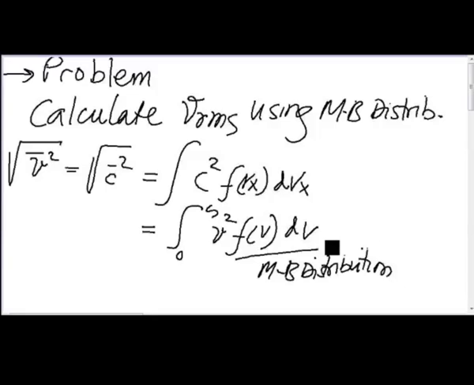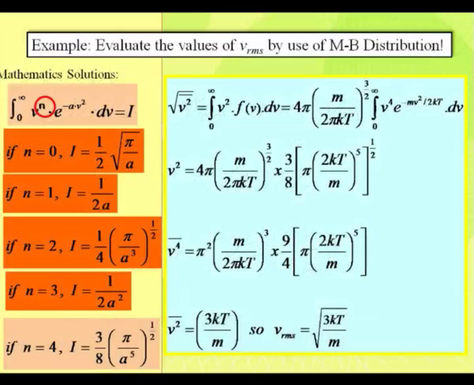Let's have a look in the presentation. Again, we go back to the presentation. Have a look over there. We have a mathematical solution, similar to the mathematical solution when we discussed the MB distribution.